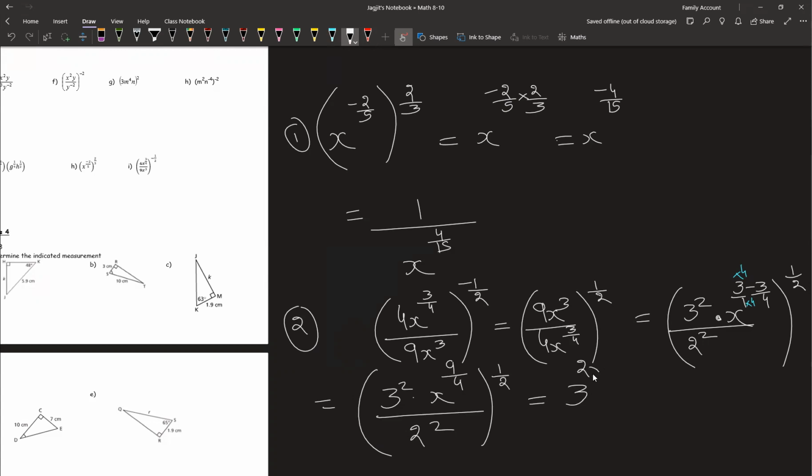So it'll be 3 to the power 2 times 1 over 2 times x to the power 9 over 4 times 1 over 2, divided by 2 squared times 1 over 2. So this cancels with this. And we have 3 x to the power 9 over 8 over simply 2.